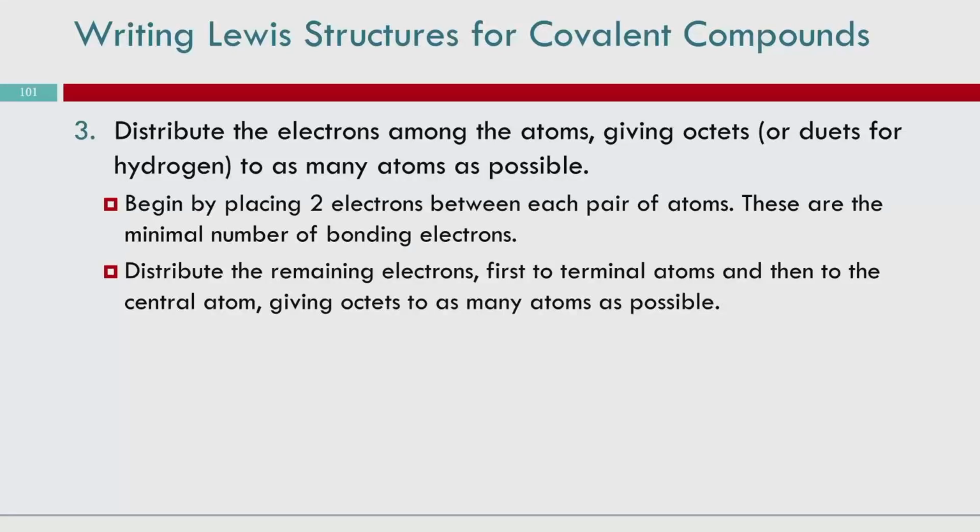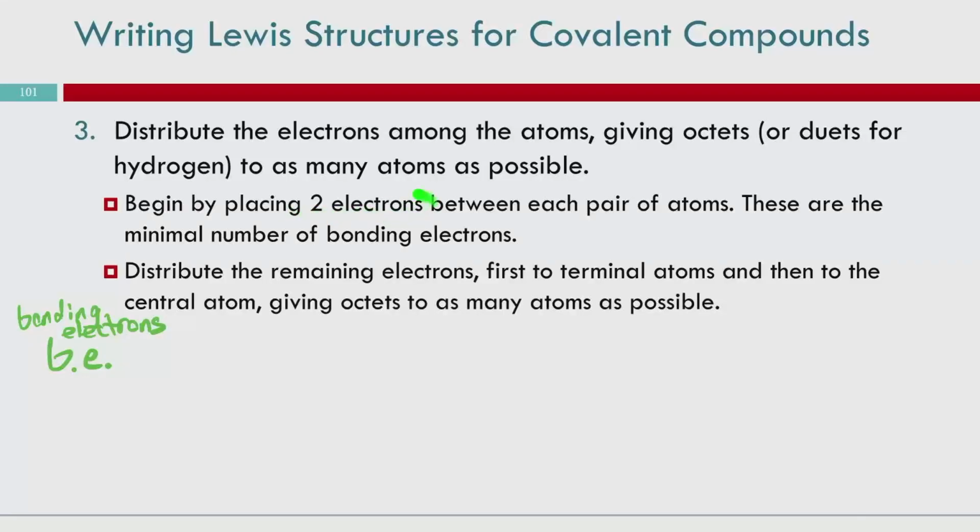And so we need to get some bonds, some lines drawn between some of those atoms. And these are the bonding electrons, BEs. And when I do BEs, I'm talking about the minimum number of bonding electrons. So this is just part of the process of getting everything connected. How many bonding electrons do we need to connect everything?